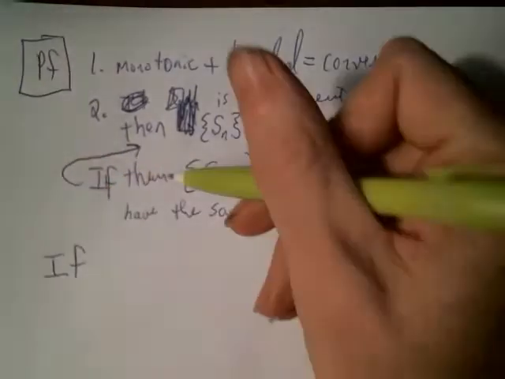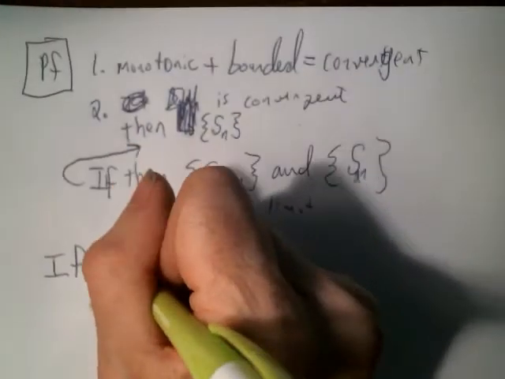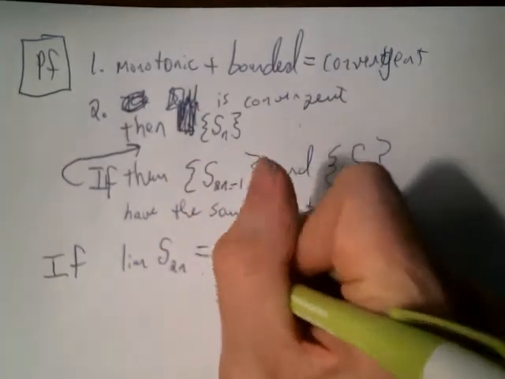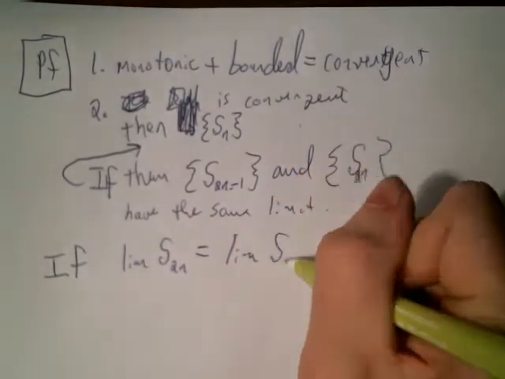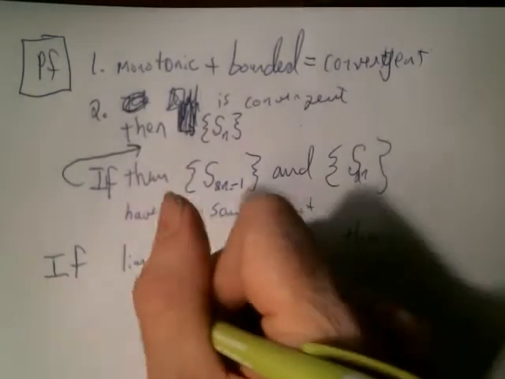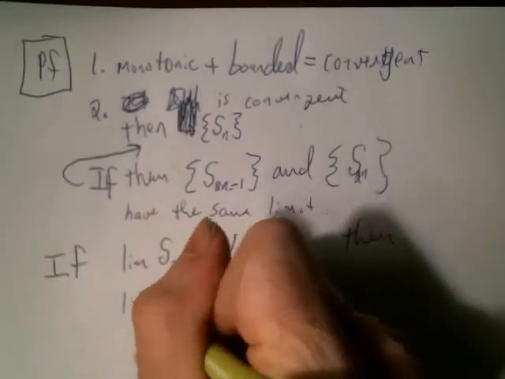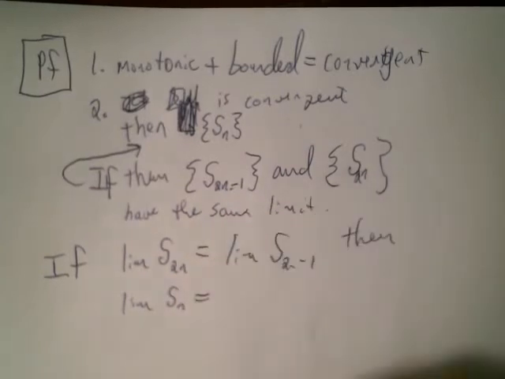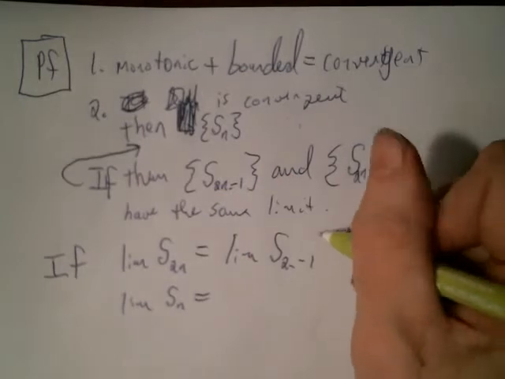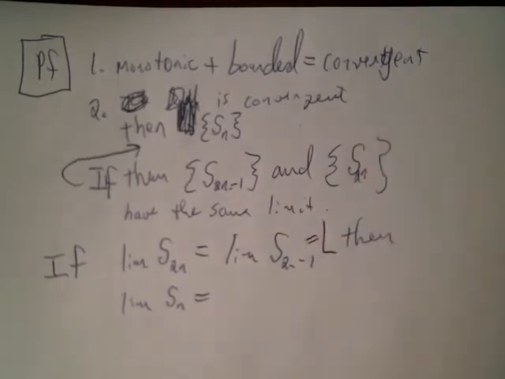If the limit of s sub 2n is equal to the limit of s sub 2n minus 1, then you could say the limit of s sub n is convergent, and it equals this limit here. So whatever this thing was, if it was L, then this thing will also equal L.